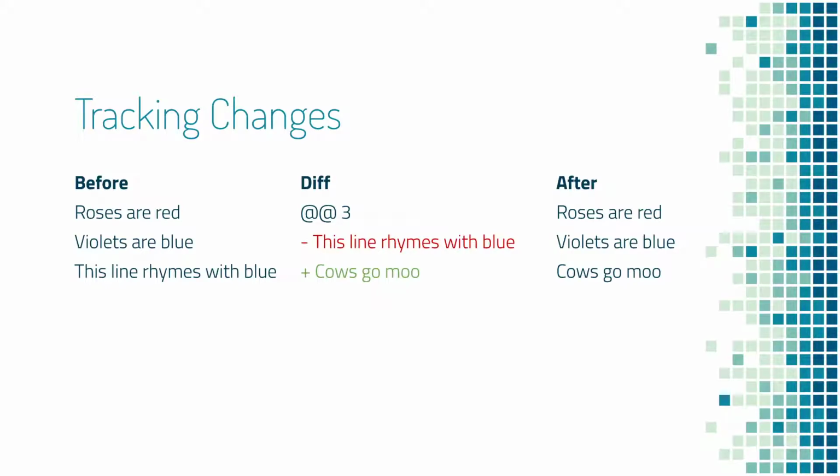So at the underlying level of Git, what it really does is track changes in your code. Let me get a laser pointer, right? So if you've got this version of a text file beforehand, roses are red, violets are blue, this line rhymes with blue, and you change it to this one, the only thing that changed is this last line.